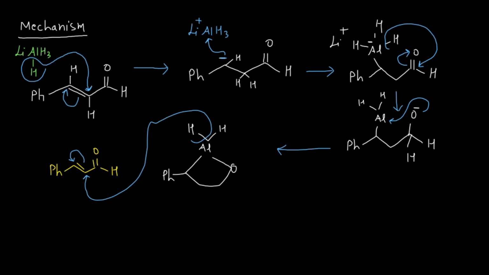This is step number 1, I am writing here step number 1. In step number 1, the hydride is coming from this aluminium part and attacking onto this particular alpha carbon, and this negative charge now will attack onto this aluminium. So what I can do, I can write like that.